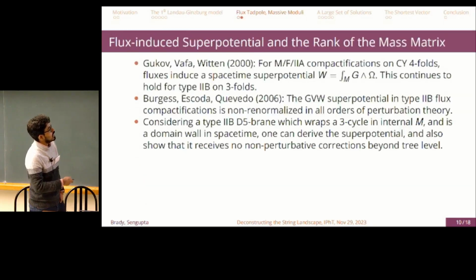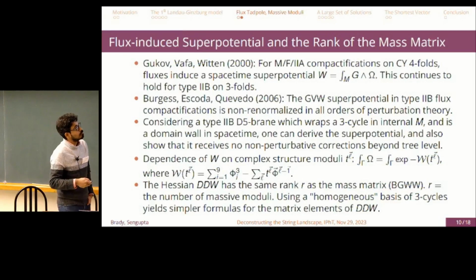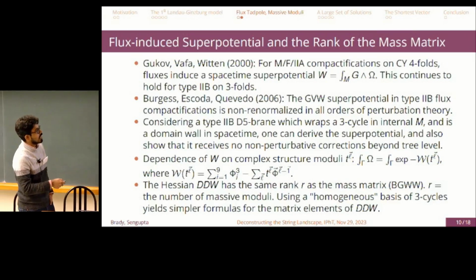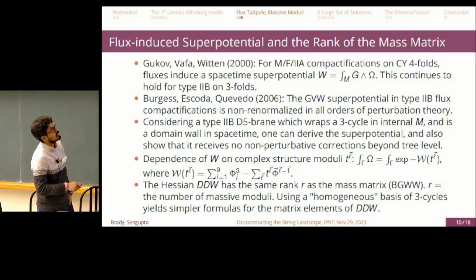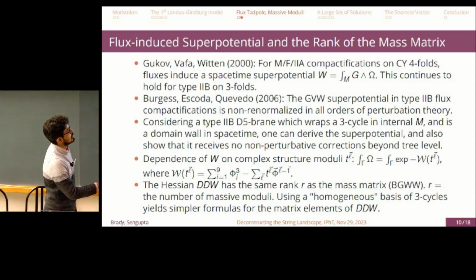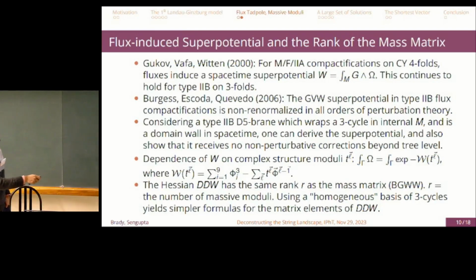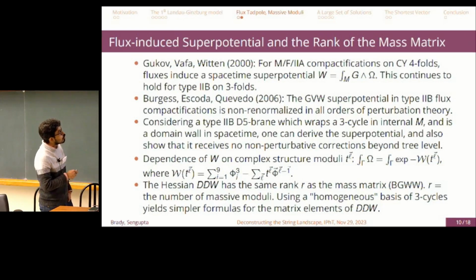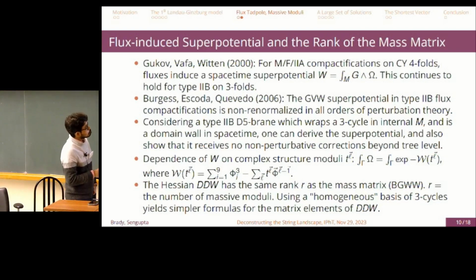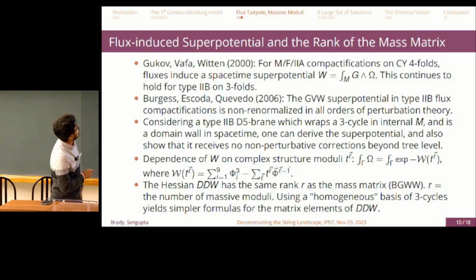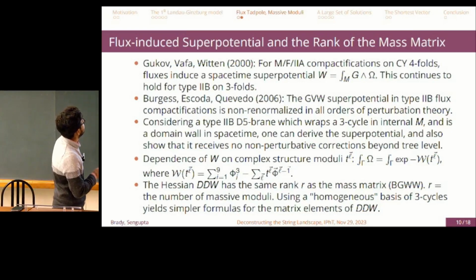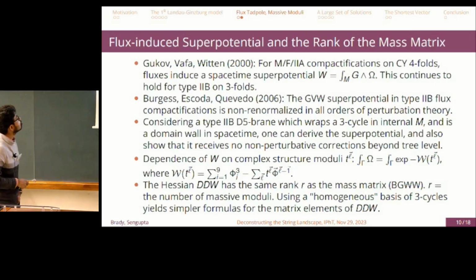And in order to check how many moduli are stabilized, we need to know something about the flux induced superpotential. Now in the traditional geometric setting it is given by this GVW formula, where W is G wedge omega integrated over the internal manifold. Now this continues to hold true for, I think I wrote this wrong, not 2B on 3-folds, I wanted to write 2B on the Landau-Ginzburg orbifold.